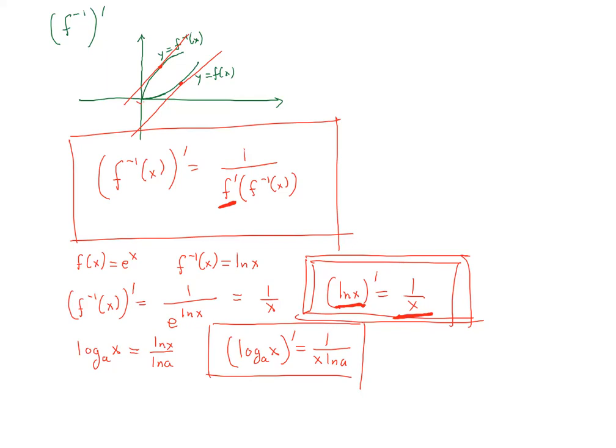So let's look at some examples using this new rule, which will be our last rule for differentiation. So let's say that we want to find the derivative of ln of x squared plus 1. Then this derivative is going to be 1 over x squared plus 1. So we think of this as y, right?